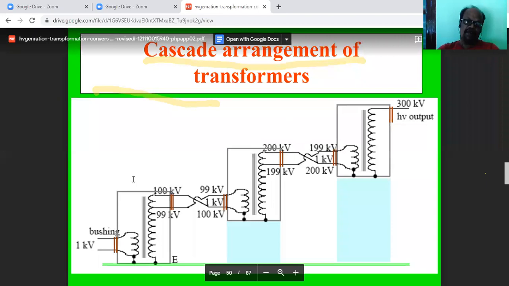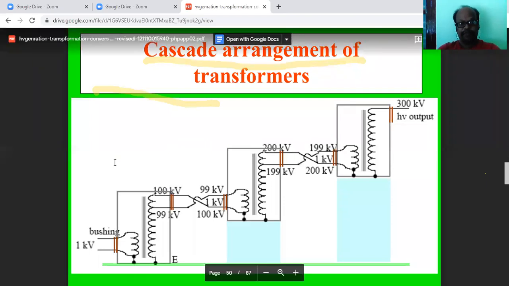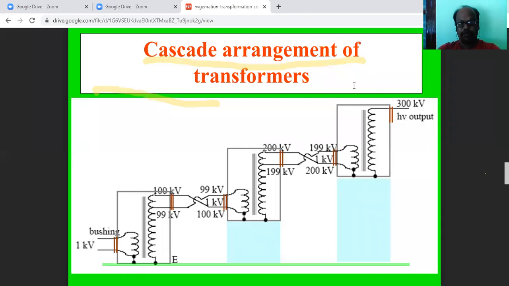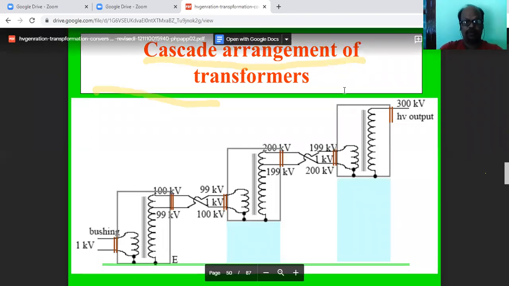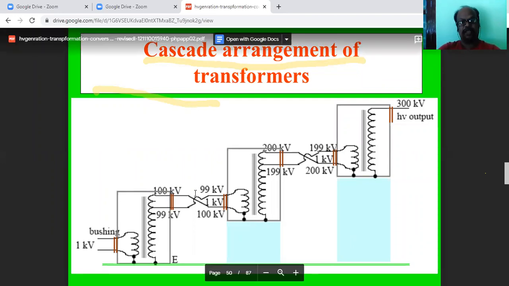Instead of going for a 6.6 kV alternator directly, this is possible. We have seen one emergency generator where the rated voltage is only 440 volts, but the required bus bar voltage is 6.6 kV. So this is how that voltage is arranged.